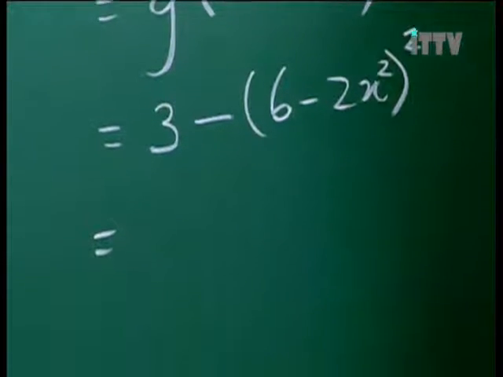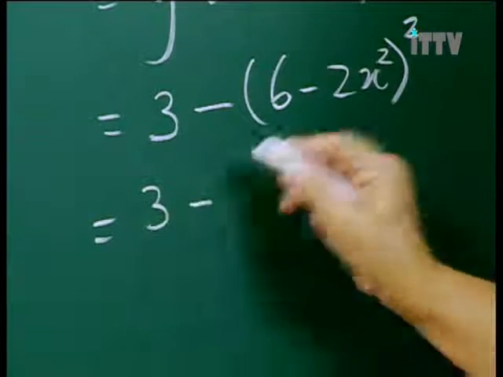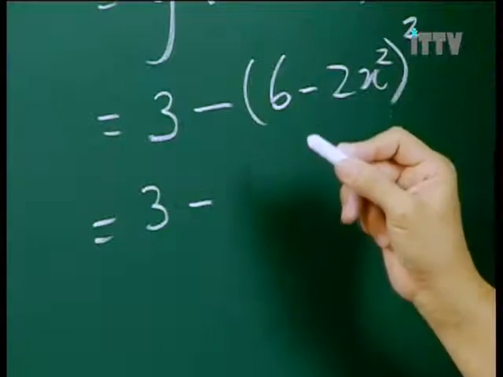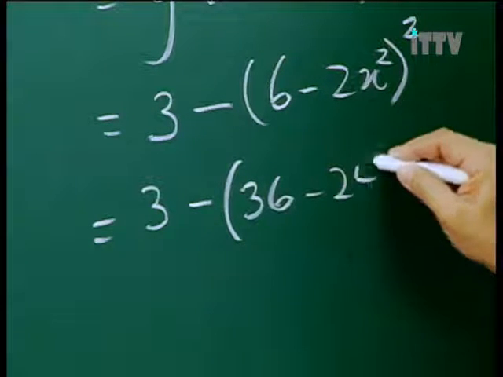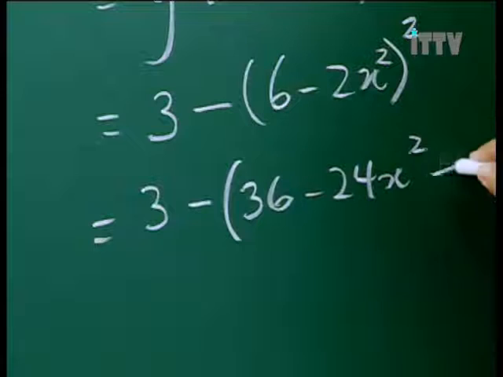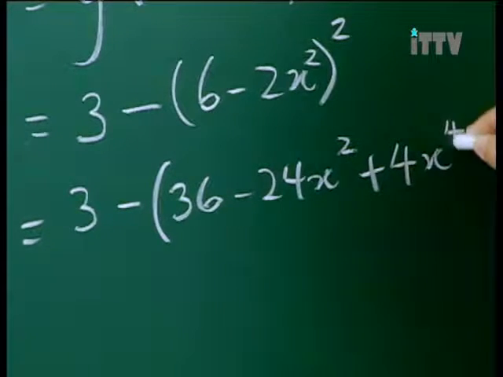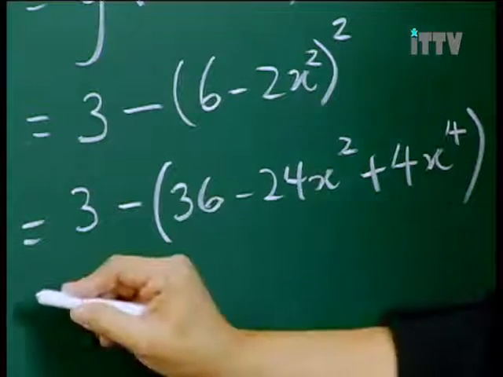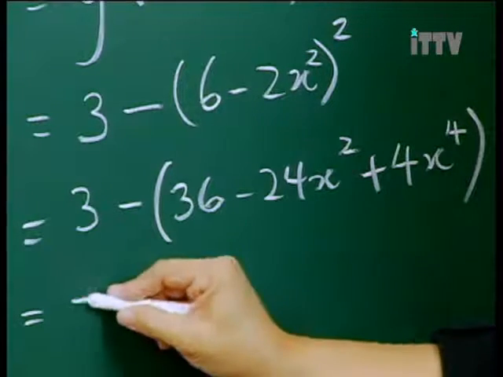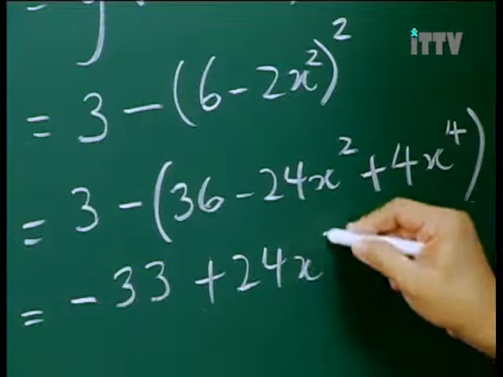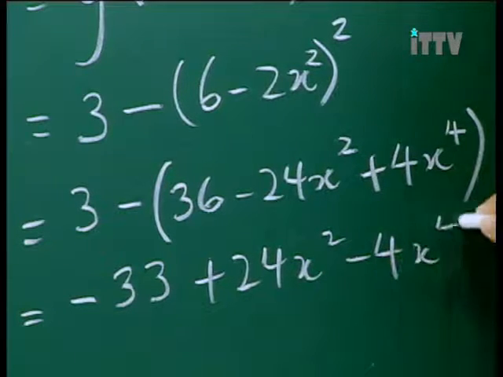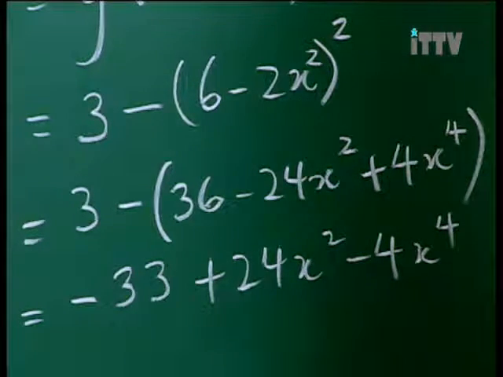This will require some expansion. And going by our usual quadratic expansion, we will have 36 minus 24x squared plus 4x to the power 4. Simplifying it gives us negative 33 plus 24x squared minus 4x to the power 4 as our final result.